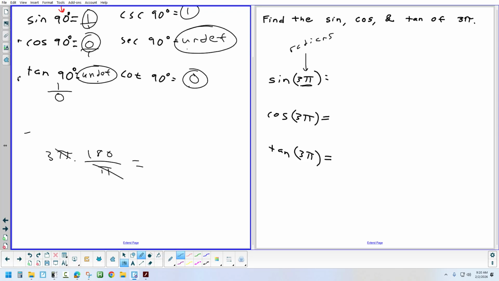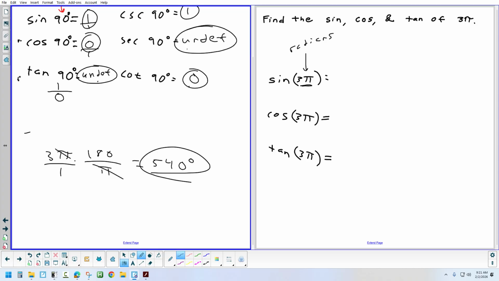So the pi's cancel. And what's 3 times 180? Remember, this is a 1 in the bottom, so you're not dividing by 3. You've got to multiply the 180 by 3. 540. Okay. So we're working with an angle that's 540 degrees.